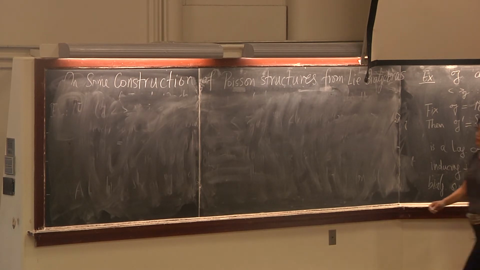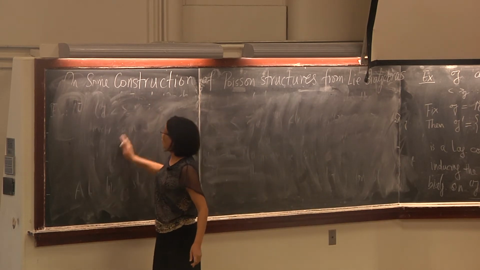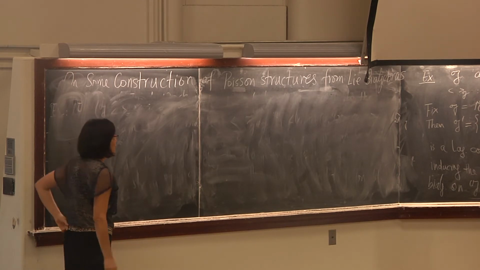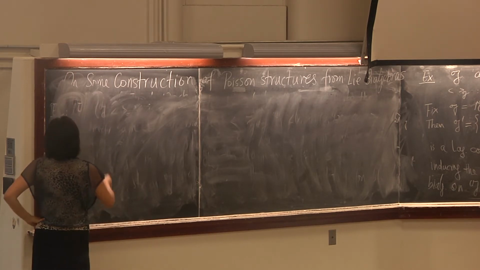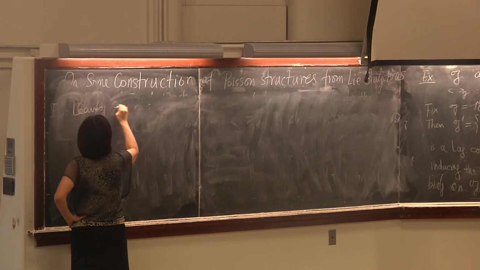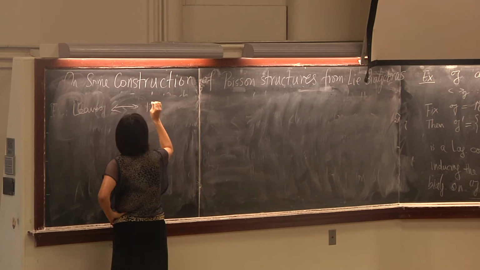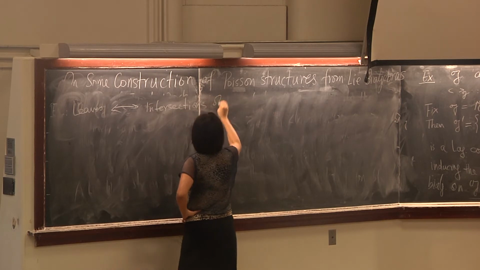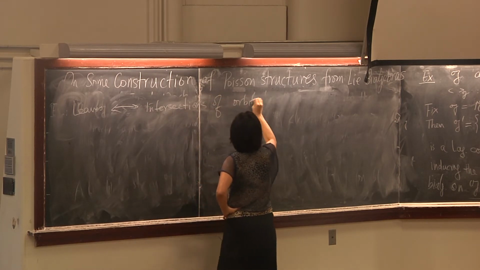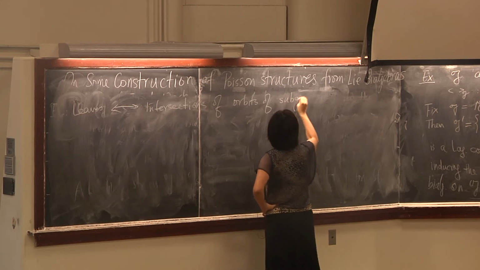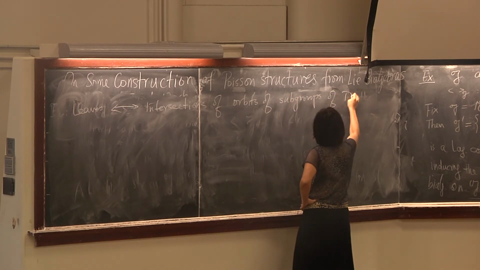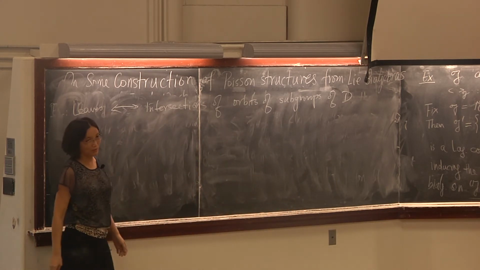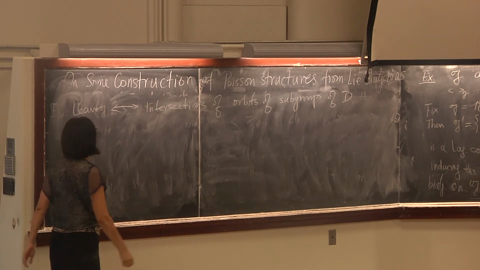You just have to believe me that for this type of Poisson structures, because it's defined by a Lie algebra action, everything can be expressed in terms of Lie algebras. So leaves can be intersections of orbits of subgroups of D. In particular, the dimension of the symplectic leaves can be computed in terms of dimensions of intersections of subalgebras.